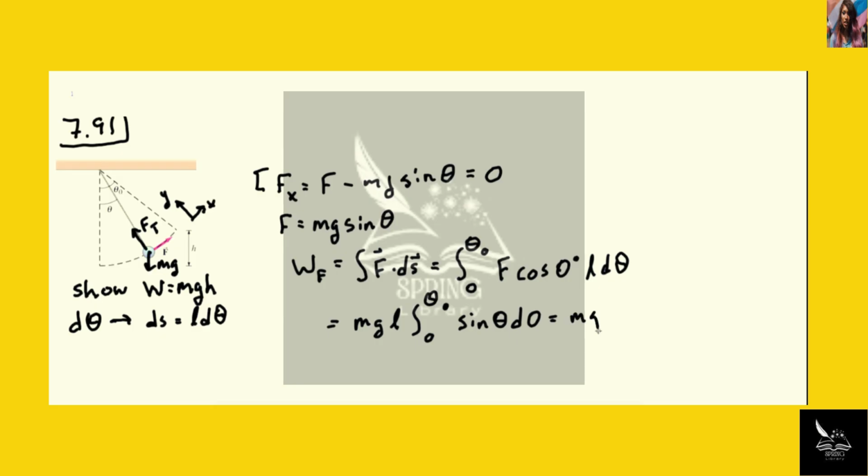Now this is mgL, and just evaluating the integral at its limits of integration, we get 1 minus cosine theta naught. And so this is looking good, assuming that L times 1 minus cosine theta naught is equal to h.